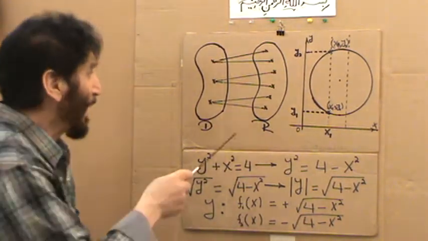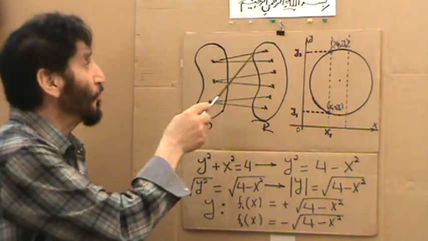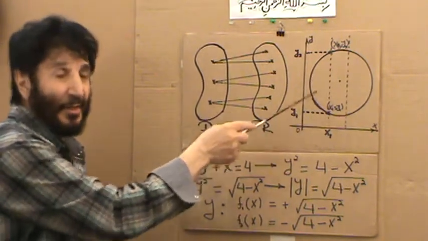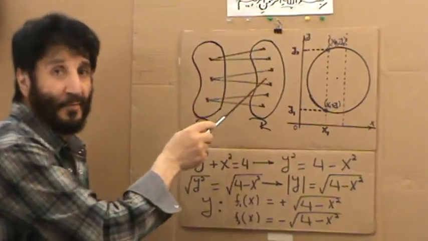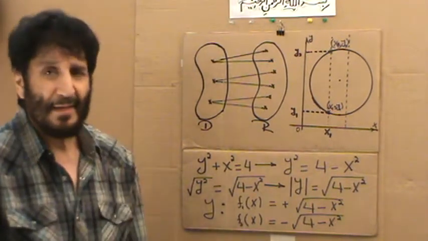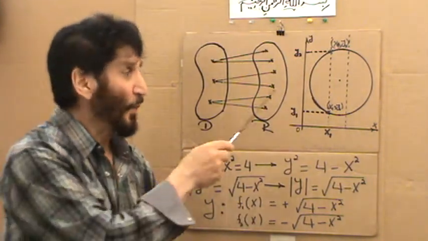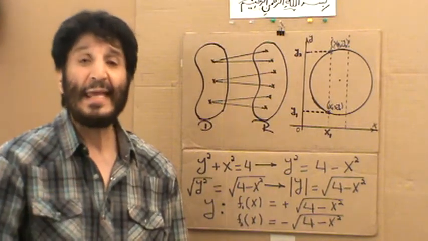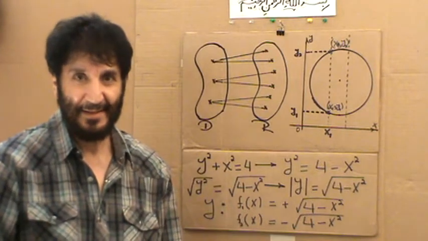I also have a schematic diagram here, as we can see, 1 to 2, which means one element in the domain of this multi-valued function is paired with 2. In this particular case, we can extract from it two implicit single-valued functions.